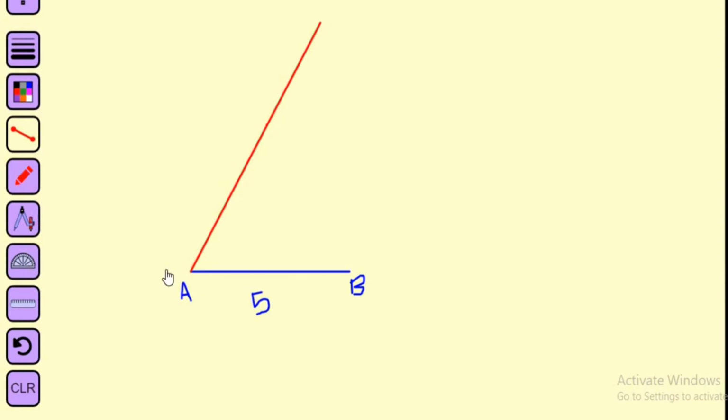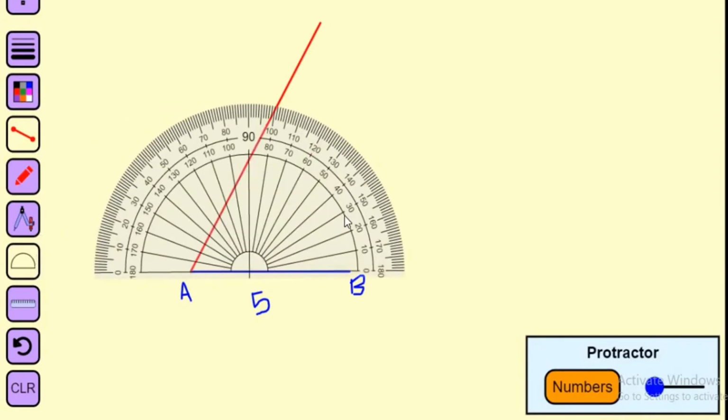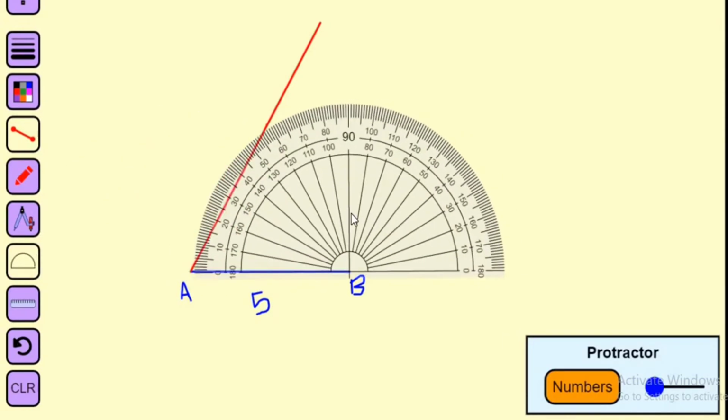Then the next step you have to take the protractor again and keep the protractor center at B. You have to keep the protractor in the proper way and measure 75 degree. So in this case you will be measuring the outer angle. Why? Because the base is towards the left of the protractor.